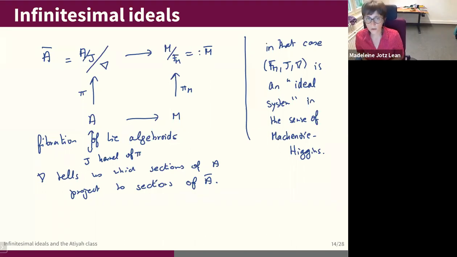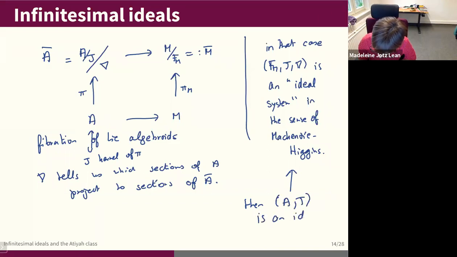So then if you turn your point of view, you start with a Lie pair, and you ask yourself, well, when is it an ideal pair, right? So I'm going to say that AJ is an ideal pair, because if you find a structure, J is much more than a subalgebroid.